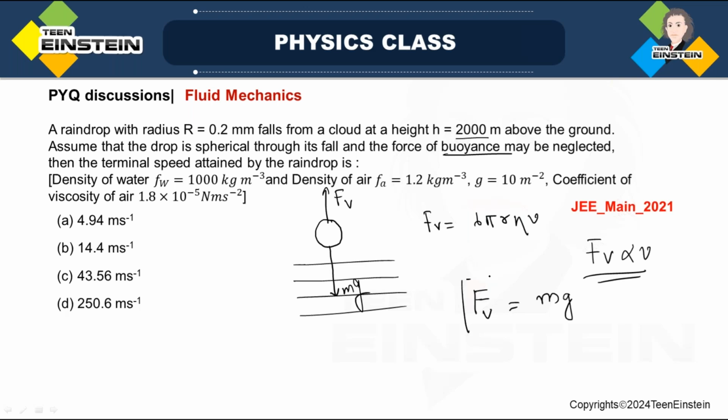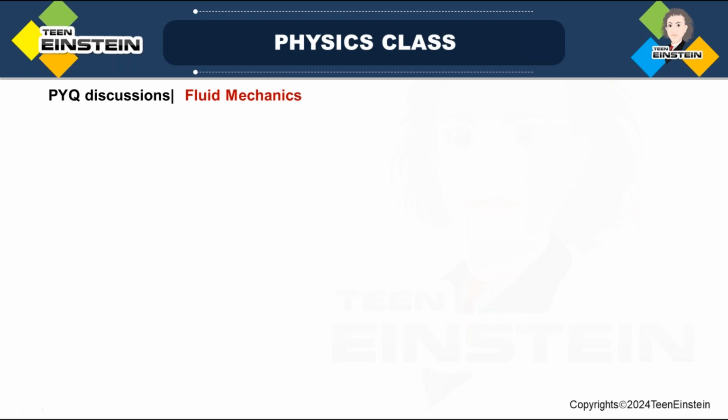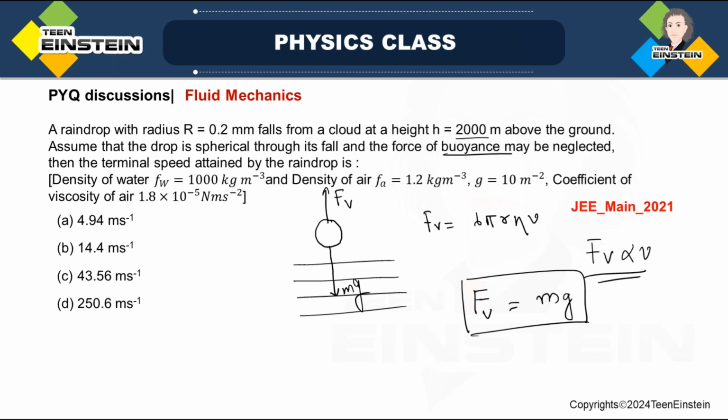So when this situation occurs, then the speed attained by the raindrop is called the terminal velocity. So we'll be making use of Stokes' law and write this. Let me write it here itself so that I can use the information over here.